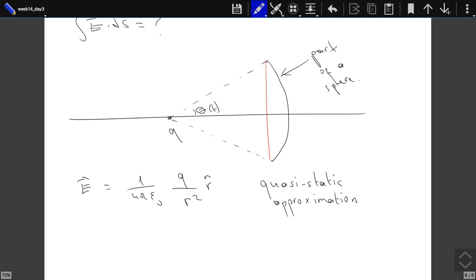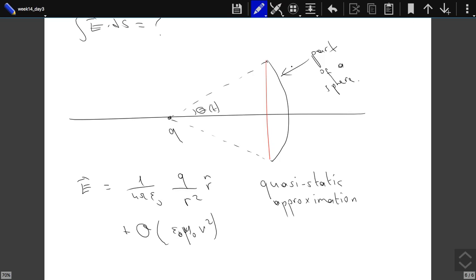It's not exactly correct because I know that changing electric field will induce a changing magnetic field, and this changing magnetic field will in turn induce an additional contribution to my electric field. So this is not exactly correct, but nevertheless, it's a good enough approximation because I know that the corrections will be proportional to epsilon 0 mu 0 times v squared. Epsilon 0 mu 0 is 1 over the speed of light squared. So you can calculate this correction if you want. It's an exercise, but let's just stick with this one.